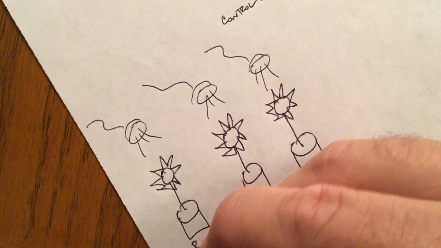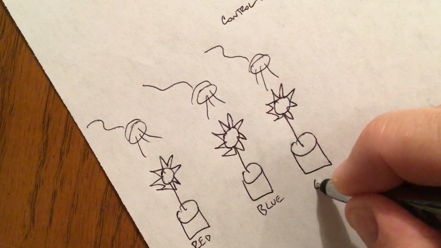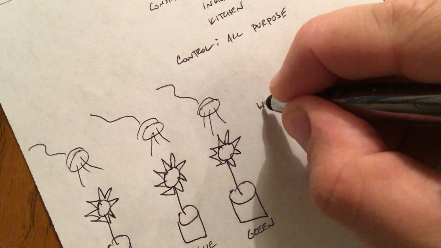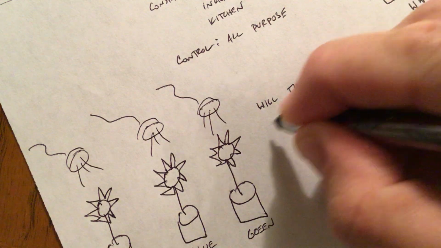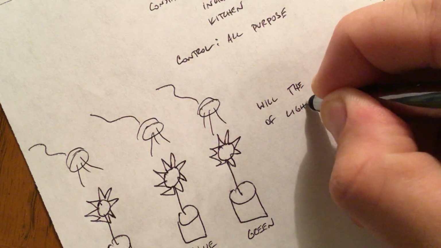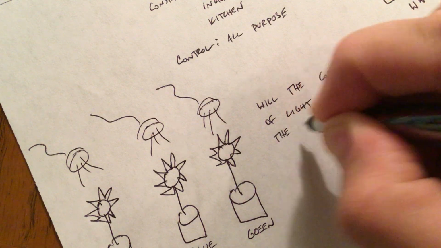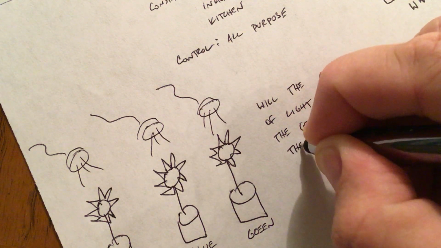So, red, blue, green, and a problem statement would be, will the color of light affect the growth of the plant?